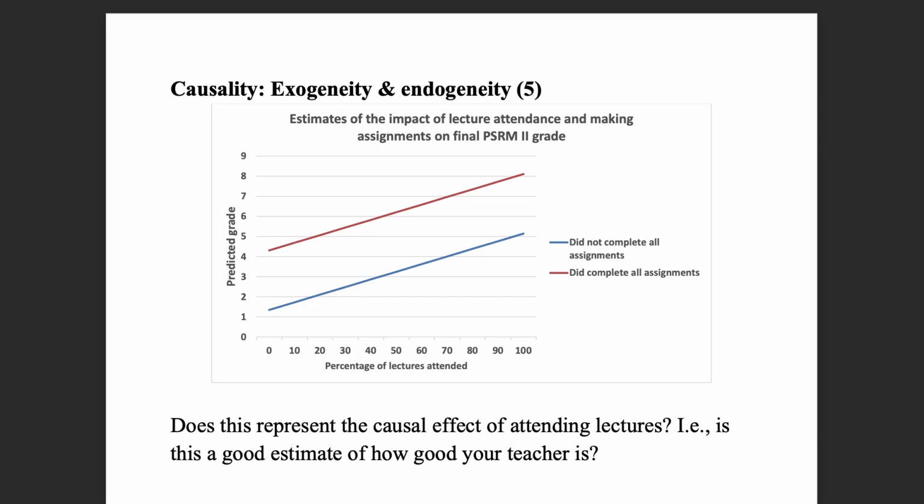So in other words, think about where endogeneity bias might come from. Think about omitted variable bias. What are things that I should have included in my model that I did not include, that may have induced a correlation between the error term and the X variable of lecture attendance?